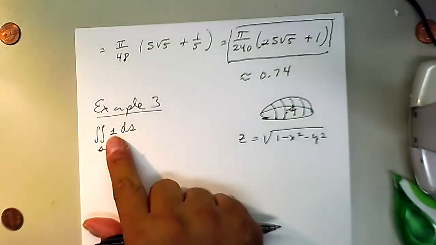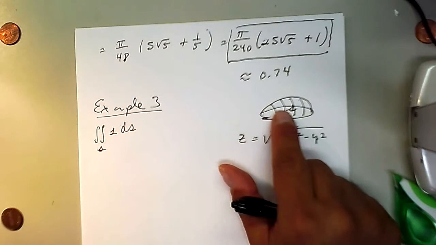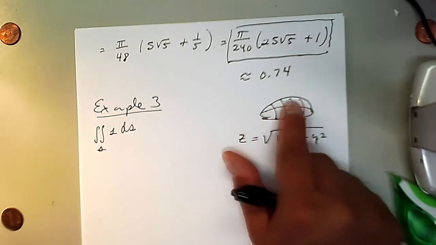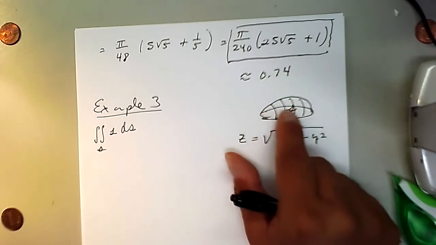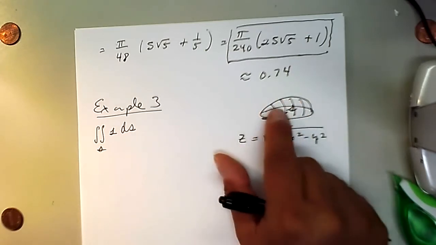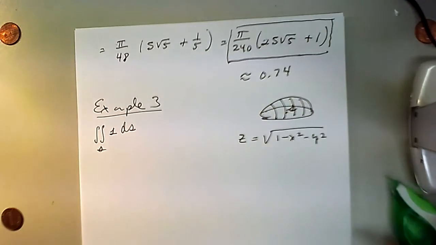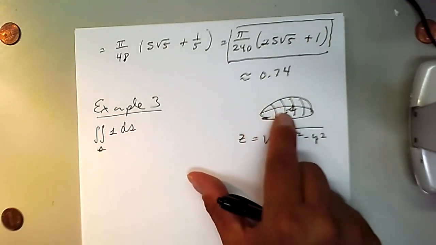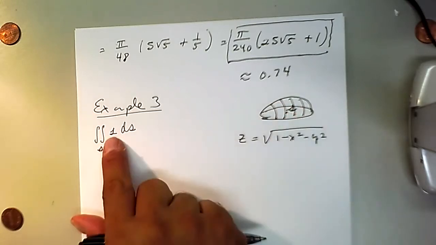And if we integrate 1, that means that we are finding the area. And that means also that each point on the surface has the same value of 1. Nothing is heavier, or we're not giving more value, more weight to any one point over another. All of the points have the same value of 1 as an output.